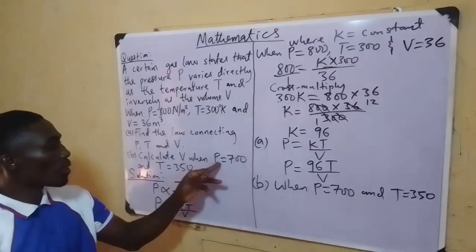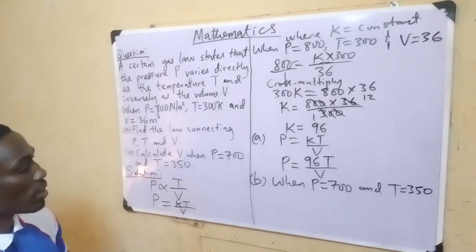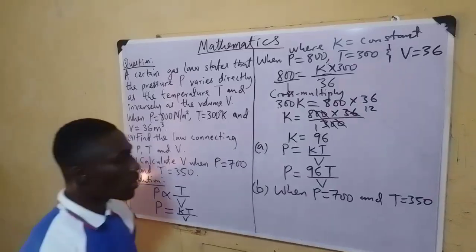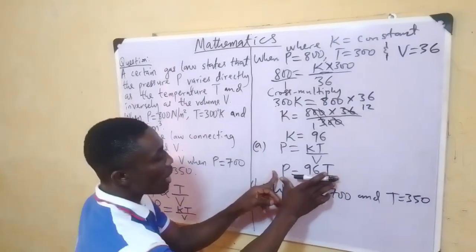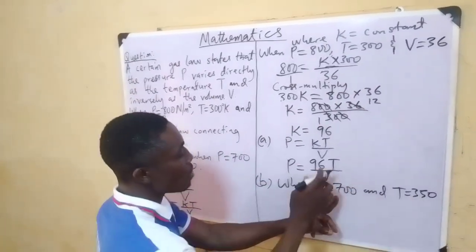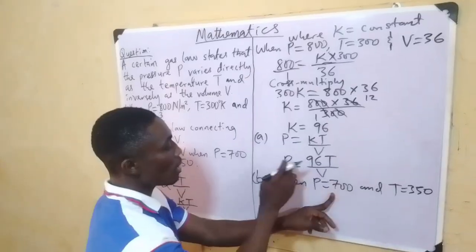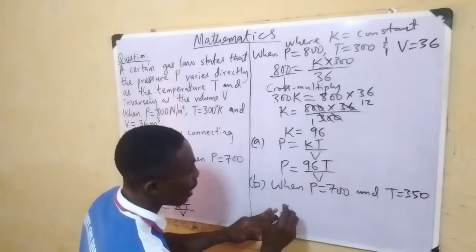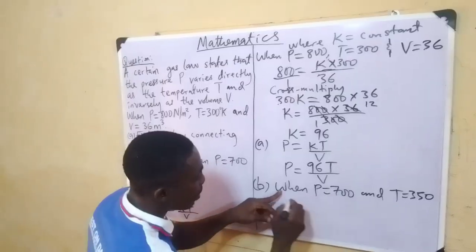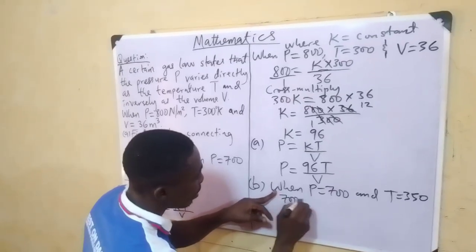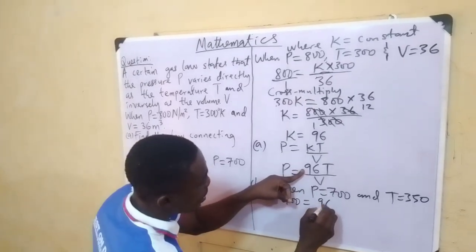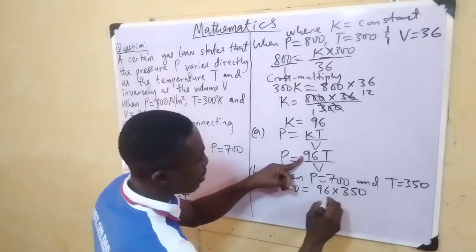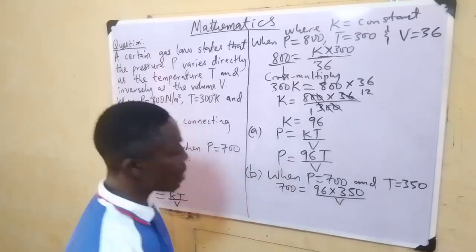Which means we don't know V here. So what do we do? This same formula that we have here, we use these values and substitute. Use 700 and replace P, use 350 and replace T. We now have 700 for P equals 96 times T, and T is 350, over V.